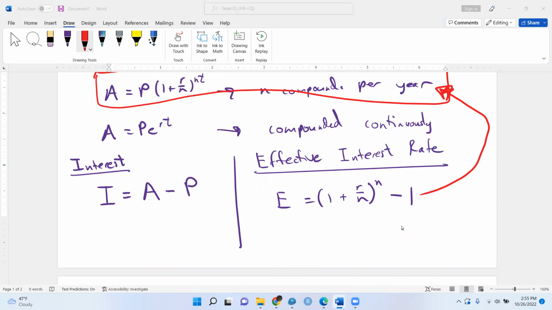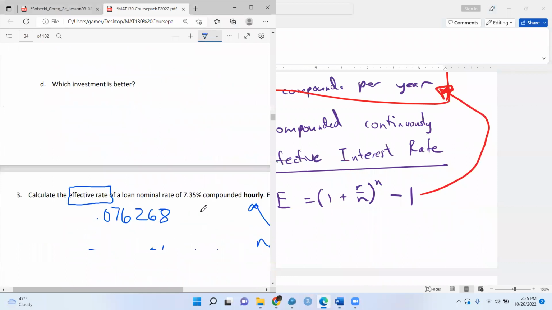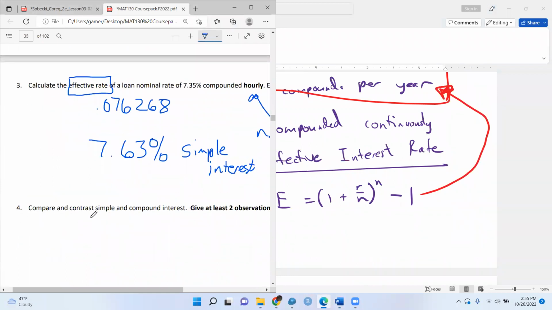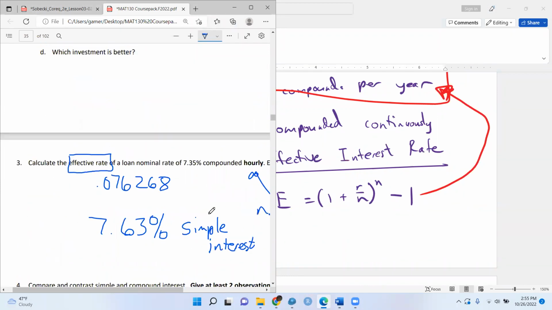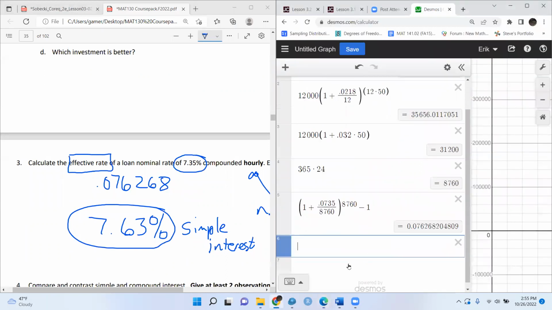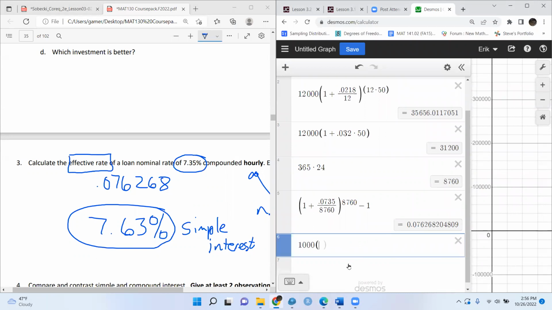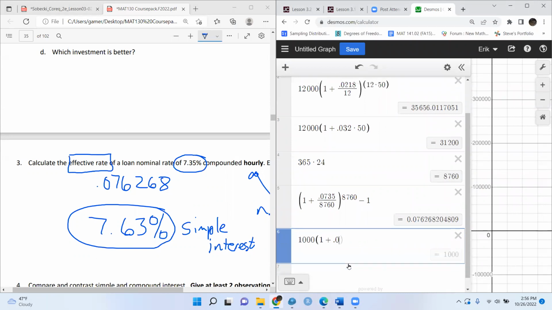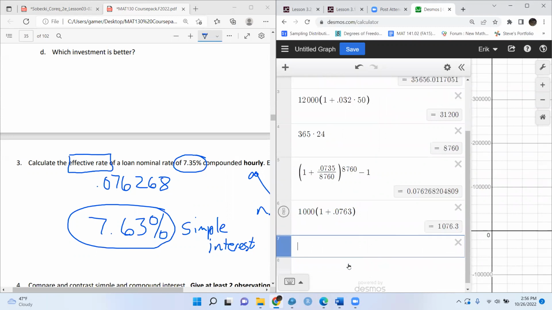Good. What was part B of that? Compare, contrast, simple and compound interest. Okay, I'll let you all have fun with that one. So if we were to make it clear what these two are, what we could do is a simple interest. Let's invest $1,000 for 1 year. So there's that one.